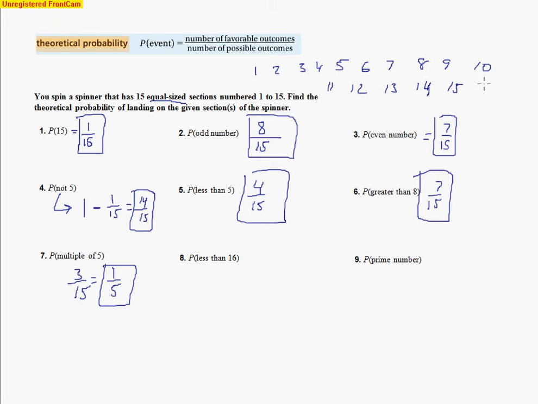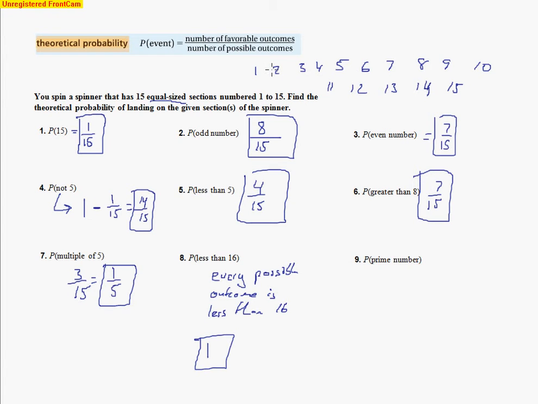Less than 16. Well, every number is less than 16. Since every possible outcome is less than 16, that means that we have a certain event. That means the probability is 1. It will happen. Probability of a prime number.